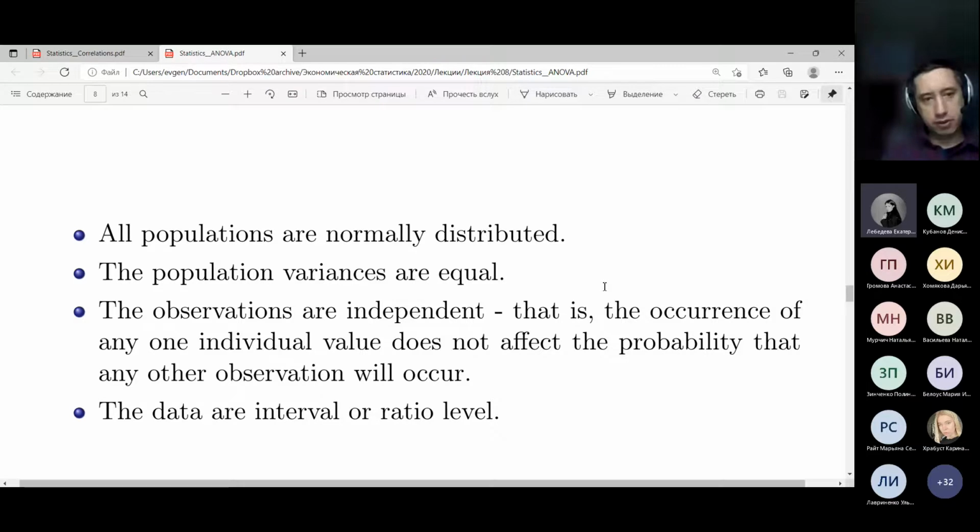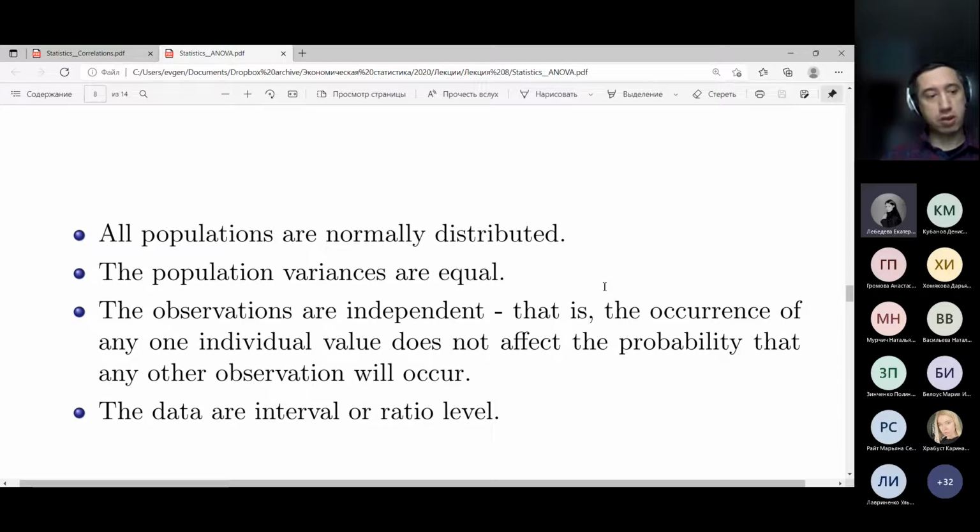And third assumption is also important. The observations are independent. That is, the occurrence of any individual value doesn't affect the probability that any other observation will occur. This assumption could be tricky, because if you have 4 store locations, at first glance you can say that they are independent from one another.